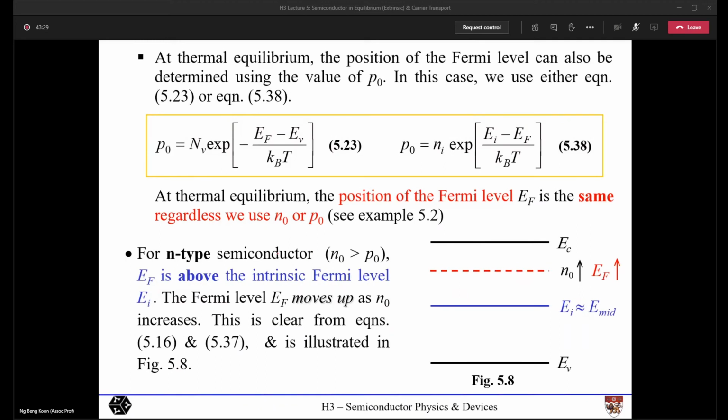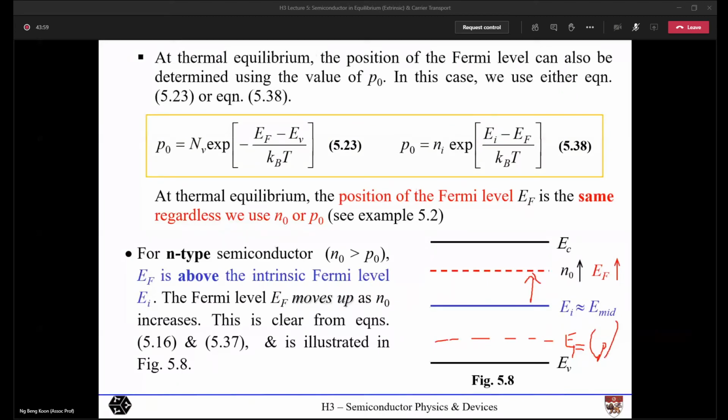Now this last part here, I think we discussed this previously. If you look at the N-type semiconductor, you find that the Fermi level is always above the intrinsic Fermi level. Previously we also said that if you find the Fermi level below the intrinsic Fermi level, then this must mean that your semiconductor is a P-type semiconductor.